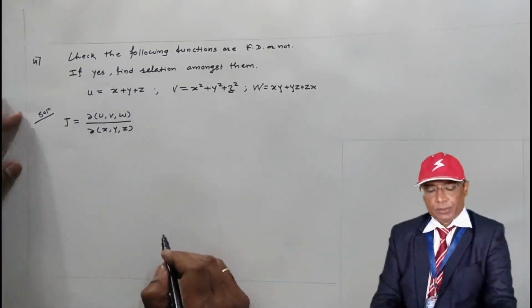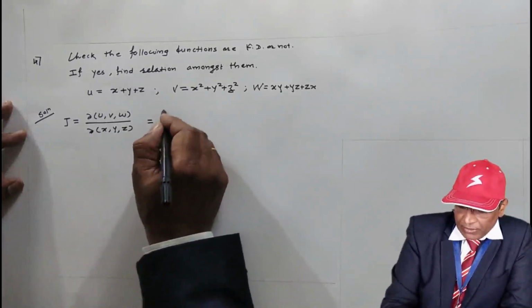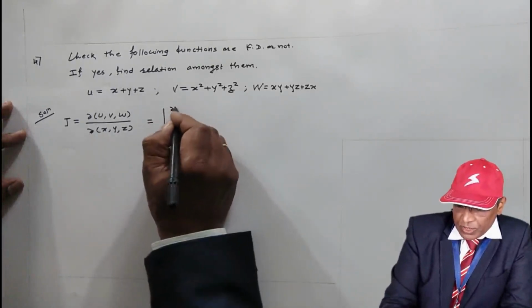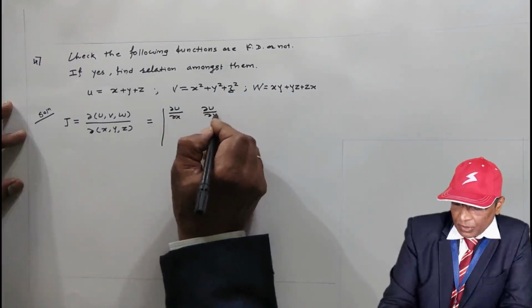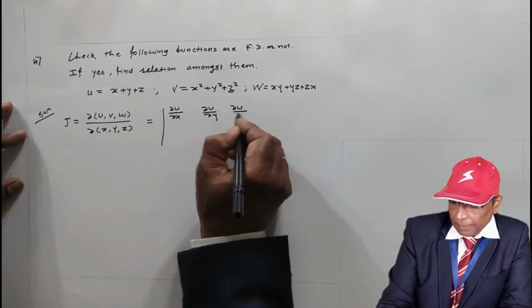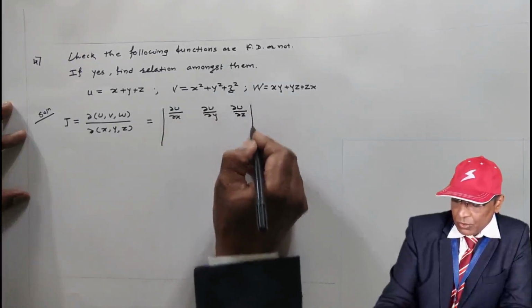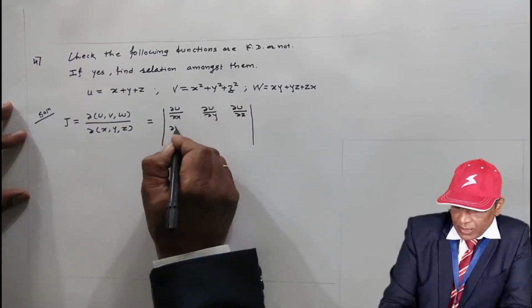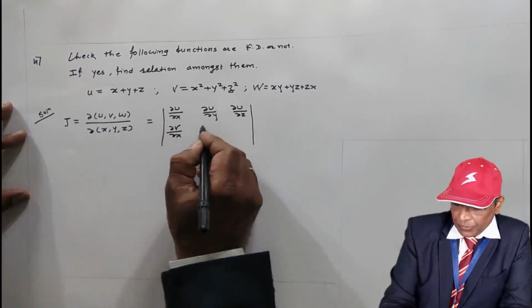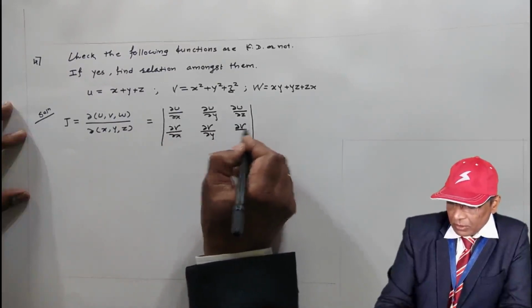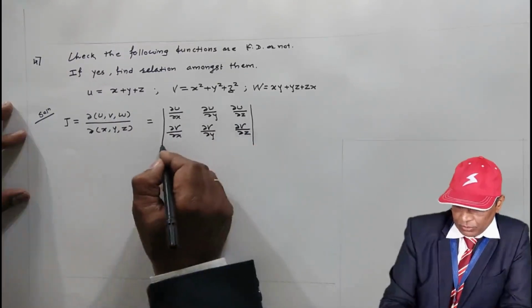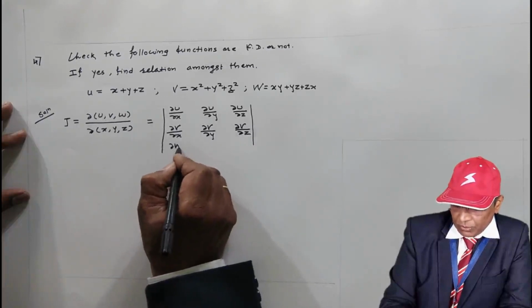For 3 variables, by definition of Jacobian, it is del u by del x, del u by del y, del u by del z. First row for u, second row for v, and third row for w.